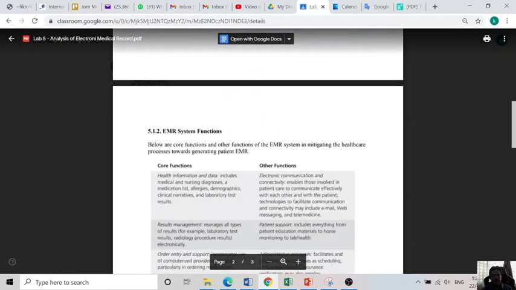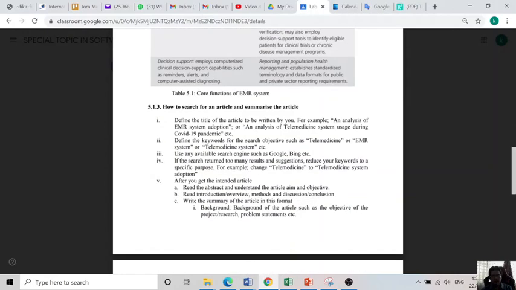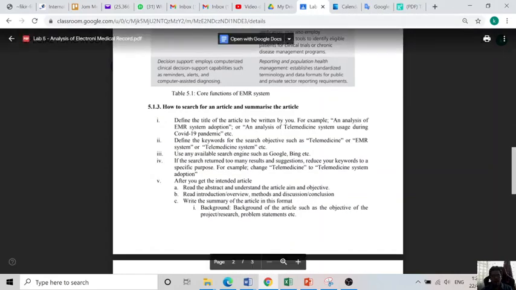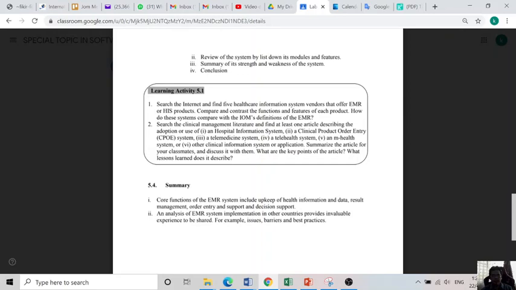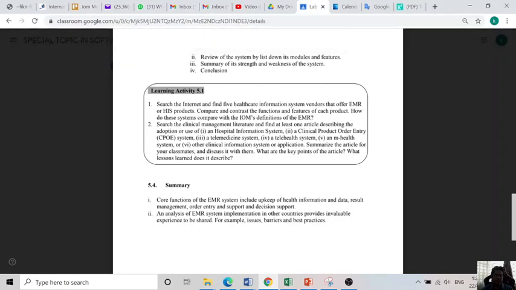If you don't understand, write in the comment box, or you read this article, and so this is a learning activity. You either choose one or two.